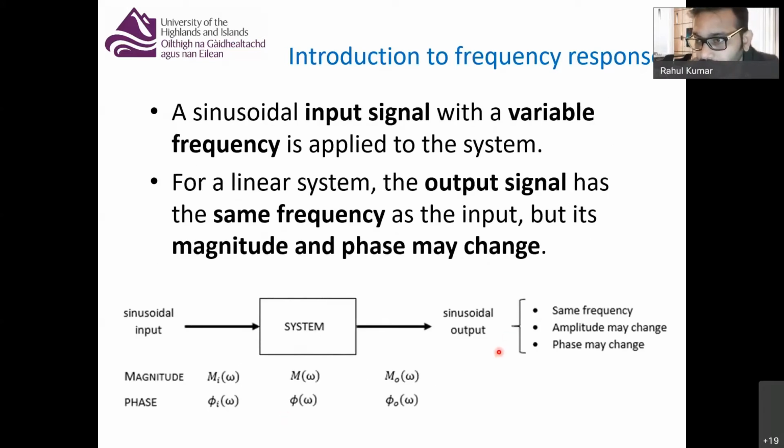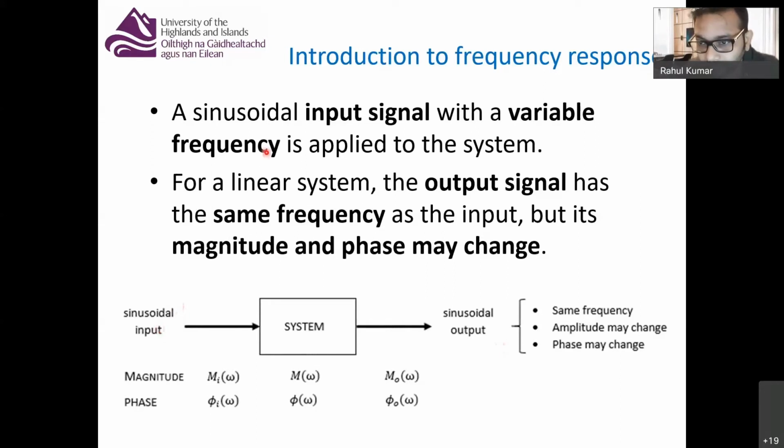Now, in frequency response technique, instead of applying a step input, ramp input or parabolic input, we apply a sinusoidal input with variable frequency.